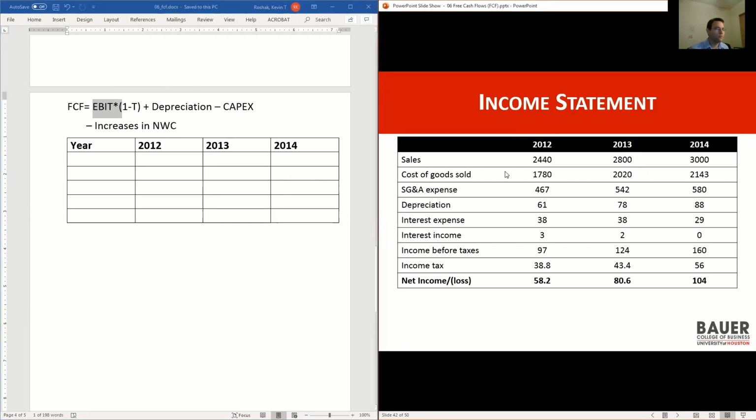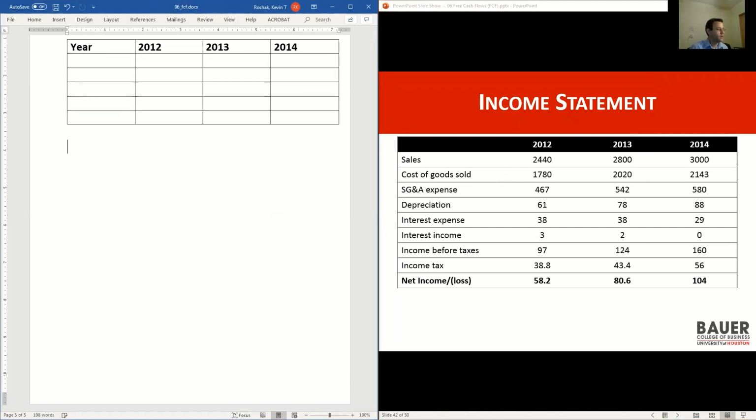Well, we said that the EBIT is our operating profit. It's our earnings before interest and taxes. So in the section on EBIT, we said we start with sales, we subtract our expenses, and where do we stop? Well, we stop at interest, because interest is a financing item.